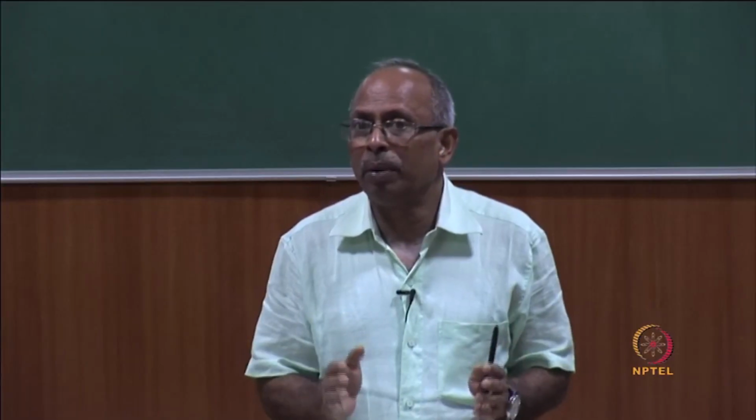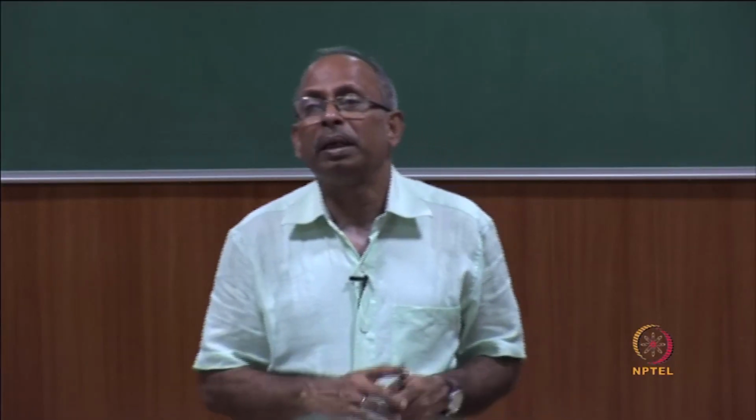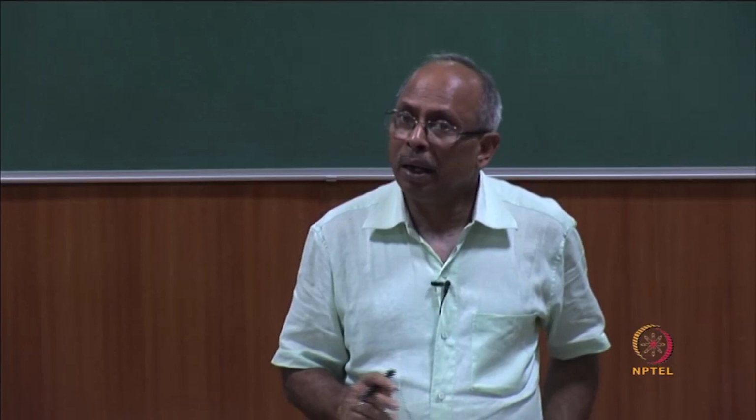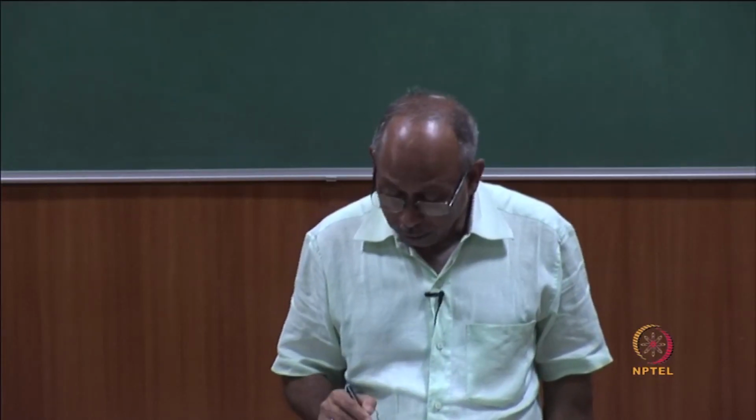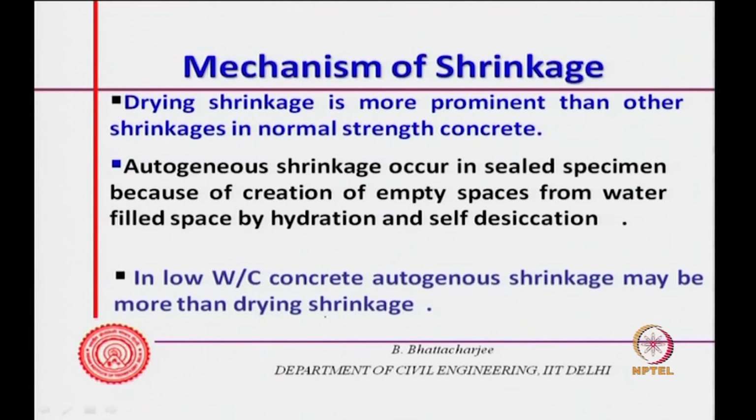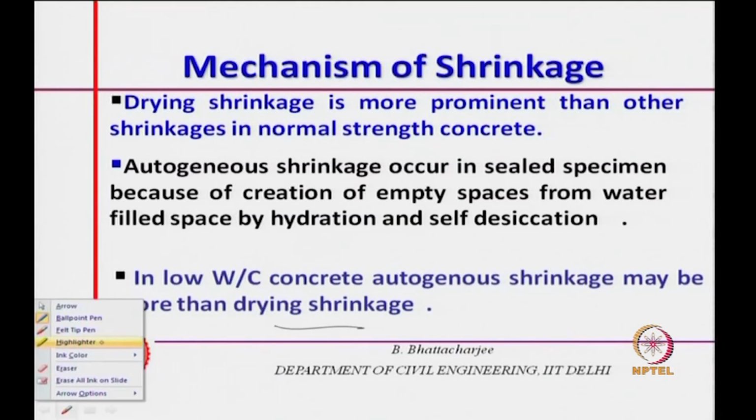There is a macro level dimensional change occurring in a sealed specimen, and that is what we call autogenous shrinkage. So, it can be more in high strength concrete or low water cement ratio concrete compared to drying shrinkage. So, they are very important currently for high strength.